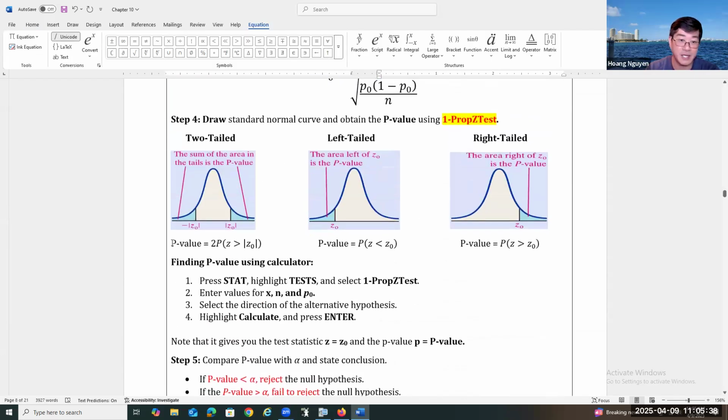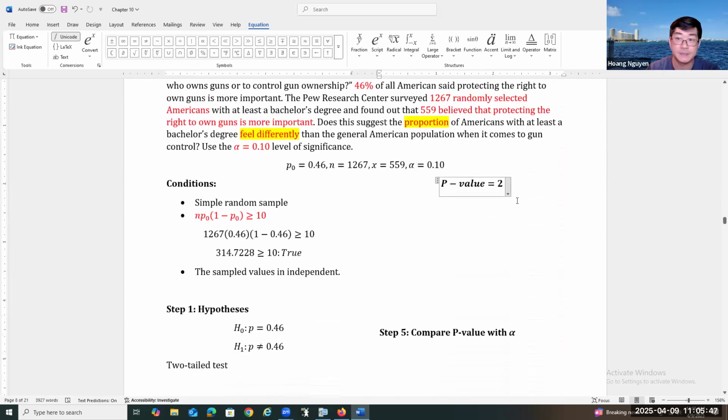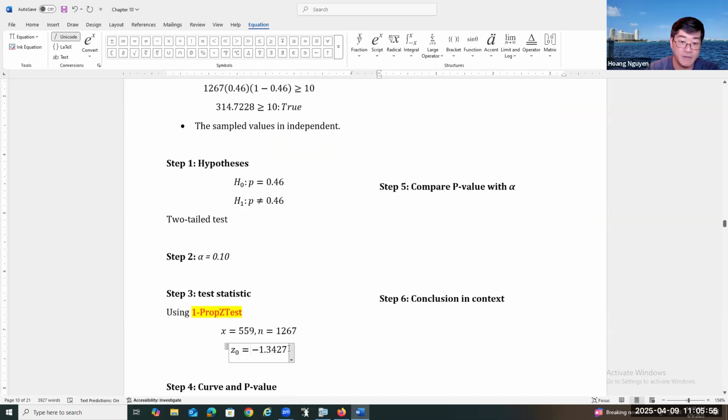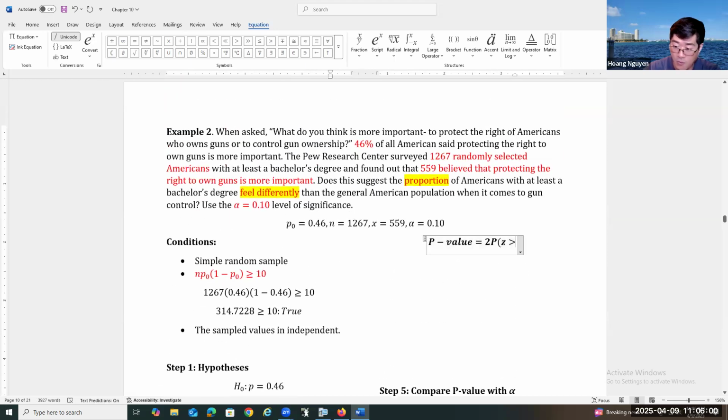So this is the two-tailed test, so the p-value is equal to 2 times the probability that z is more than the absolute value of the test statistic, and the absolute value of this is going to be 1.3427.